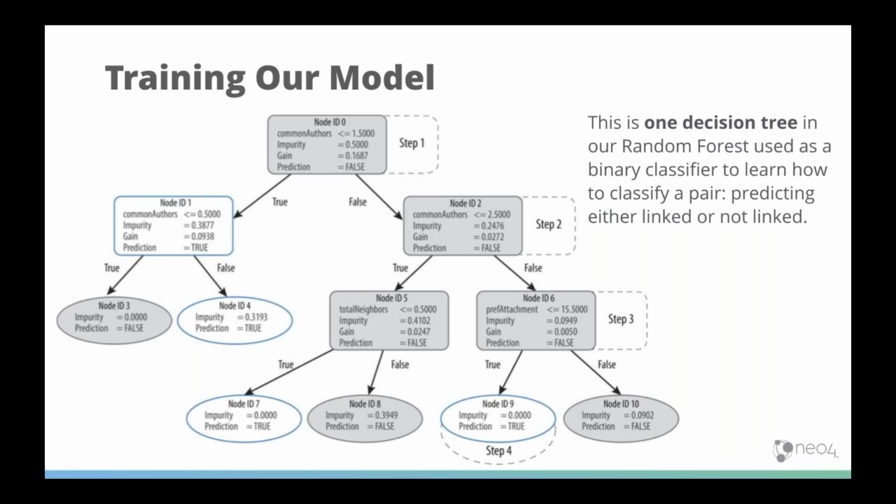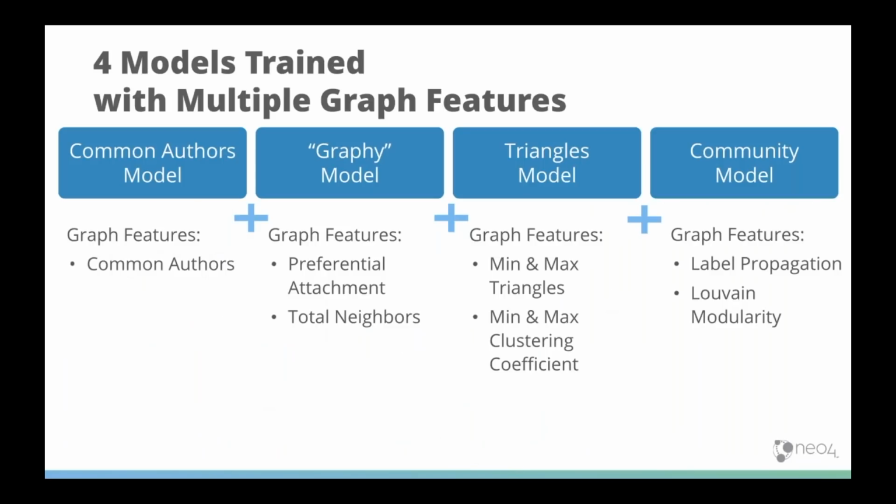Is there anything to add to that, Phoebe? I don't think so. Just a note to the people, we took that approach and then trained 4 different models. So we used multiple graph features, and we added on the graph features as we went through.